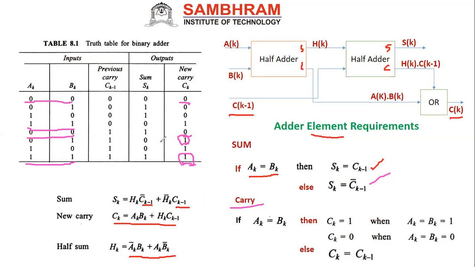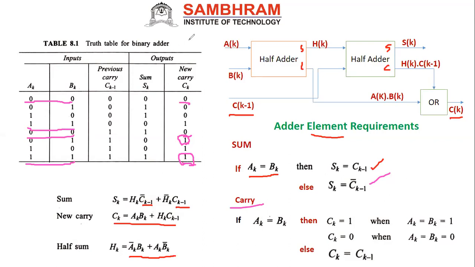When I'll get AK and BK is equal to, if AK is equal to BK, then equal to condition 0, 0, 1, 1, 0, 0, 1.